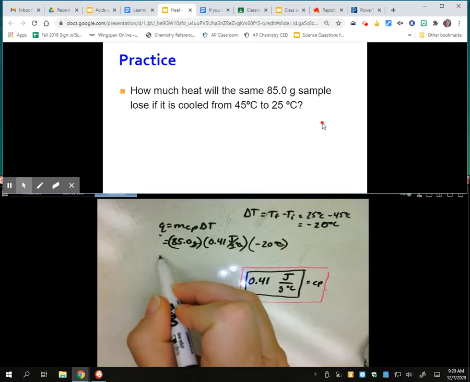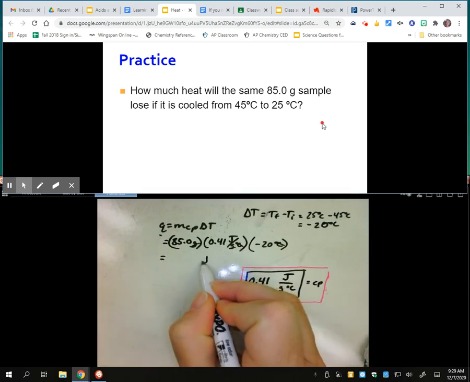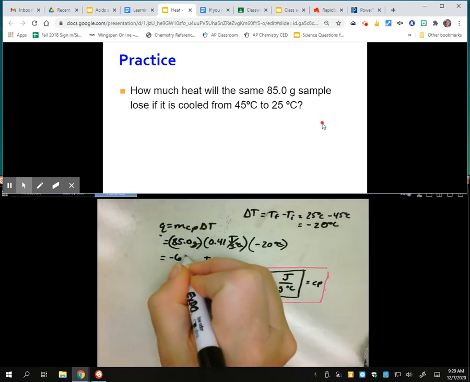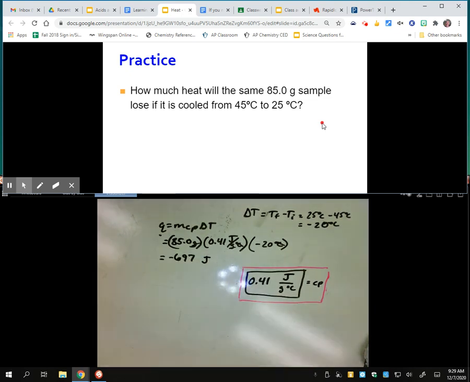All I'm left with are joules, and that makes sense for heat. And so it's going to be 85 times 0.41 times negative 20, and I get negative 697 joules.